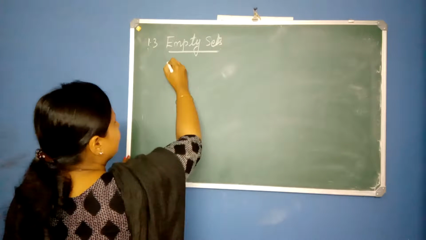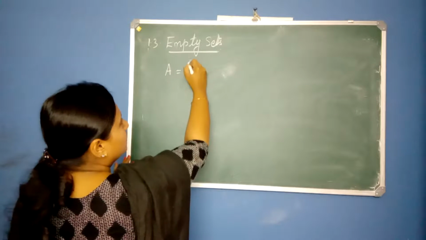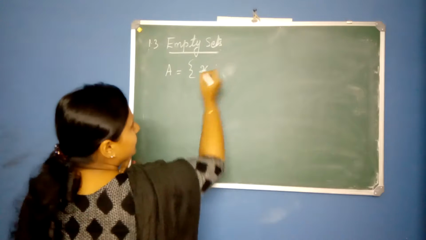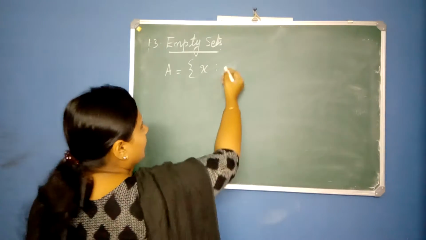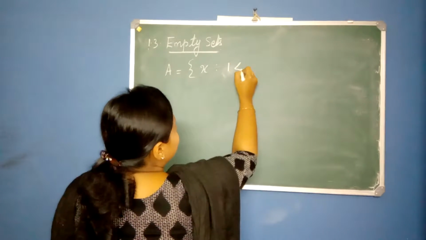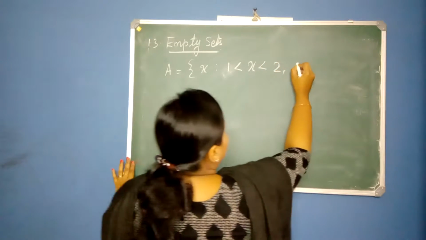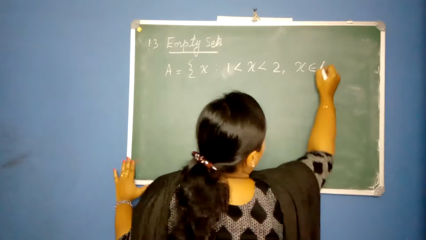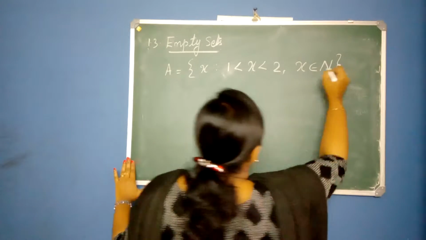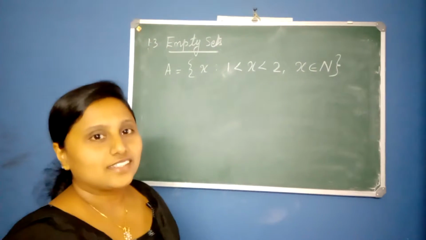Consider the set A equal to the set of all x such that 1 less than x less than 2, x an element of N. What does it mean?